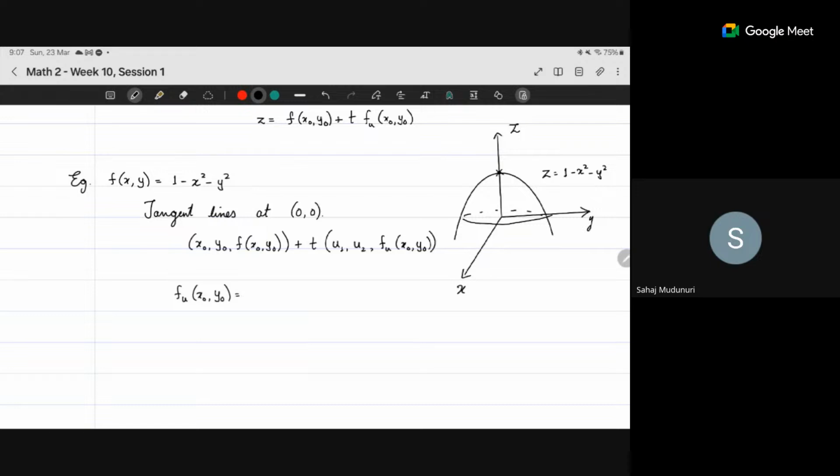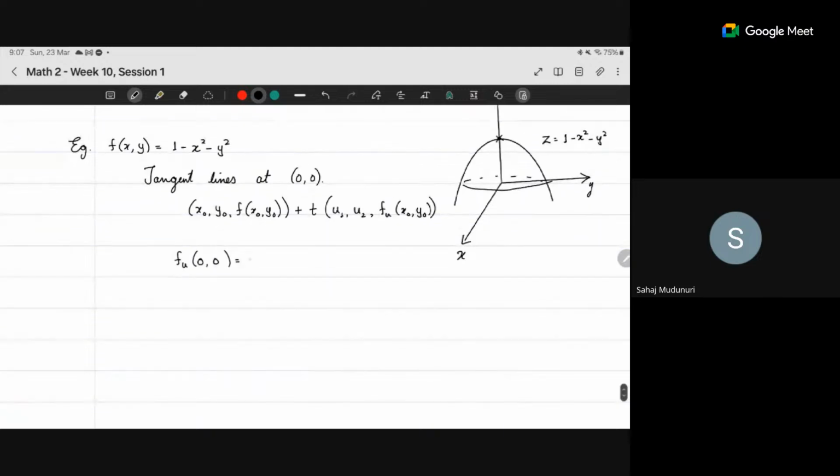The directional derivative is the gradient at x naught, y naught, which is 0 0 over here, dotted with the direction. Nabla f at 0 0 dot u1 u2. But what is nabla f?